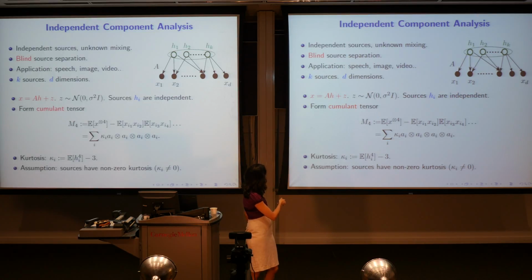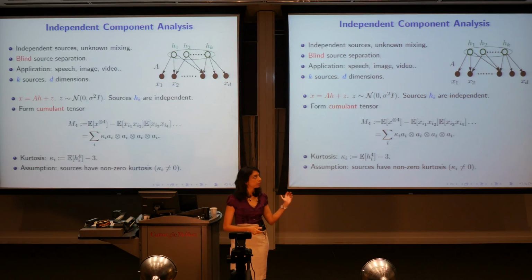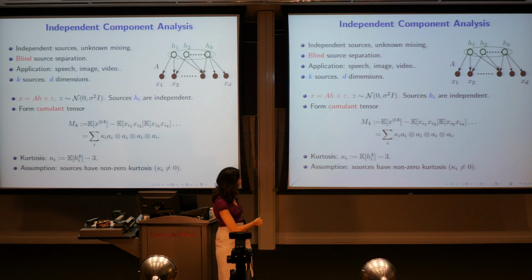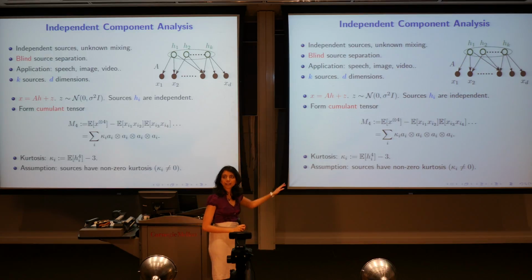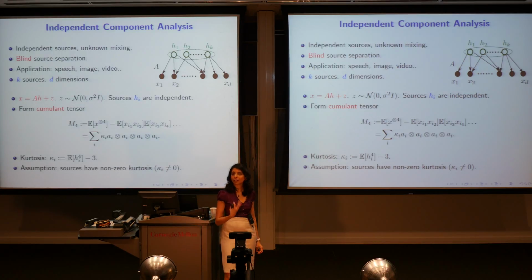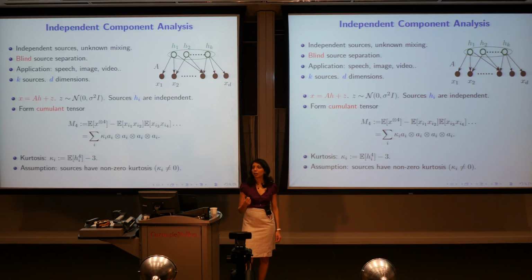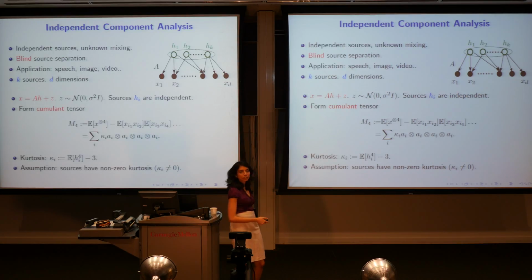So I have these hidden sources, and I have a combination of them that I'm going to observe, and I also have this noise. And the noise, we'll think of it as Gaussian, and that's because we'll see that that's needed for the cumulants to work out. But if you see this model, it's quite similar to the Gaussian mixture. In fact, it's exactly the same form as the Gaussian mixture.